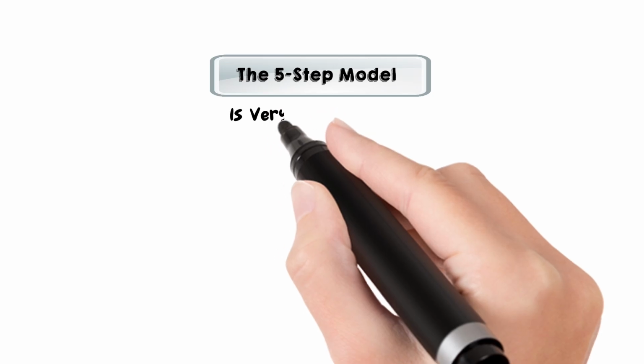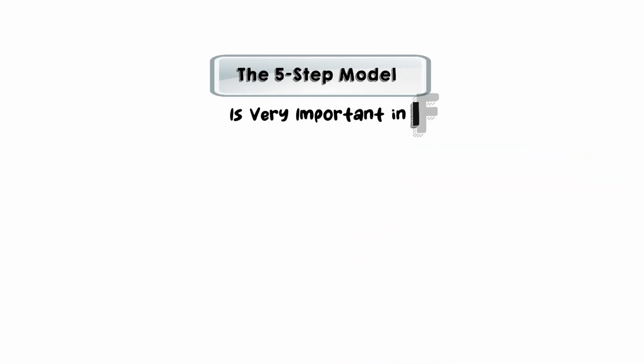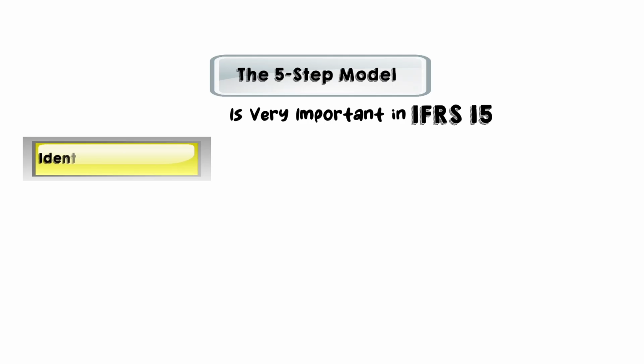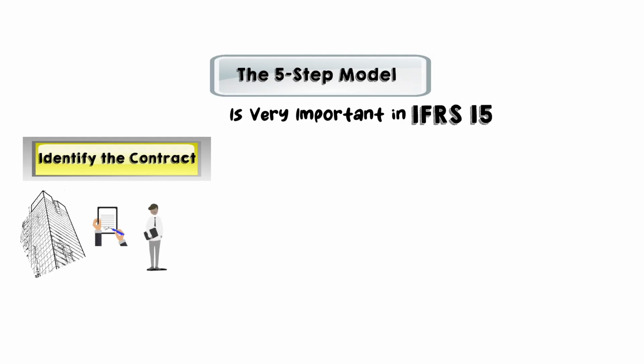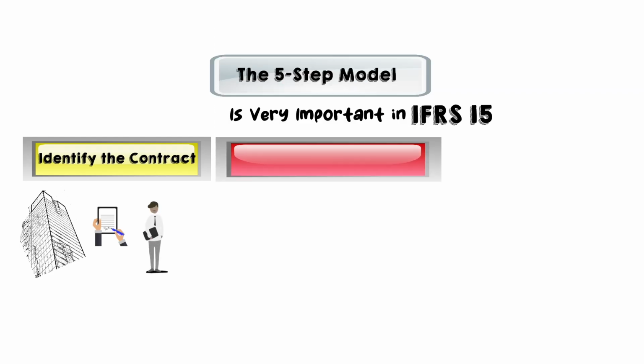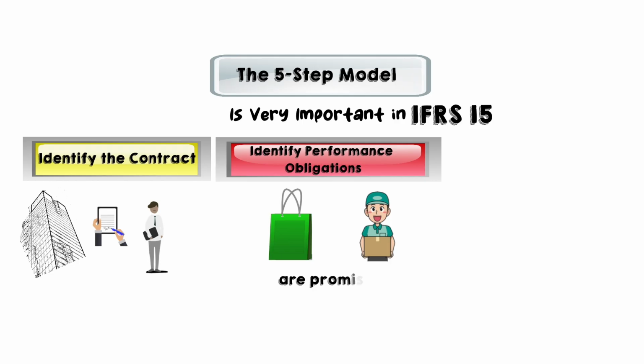The 5-step model is very important in IFRS 15. Number 1, identify the contract: agreement between company and customer. Number 2, identify performance obligations: what goods and services are promised?